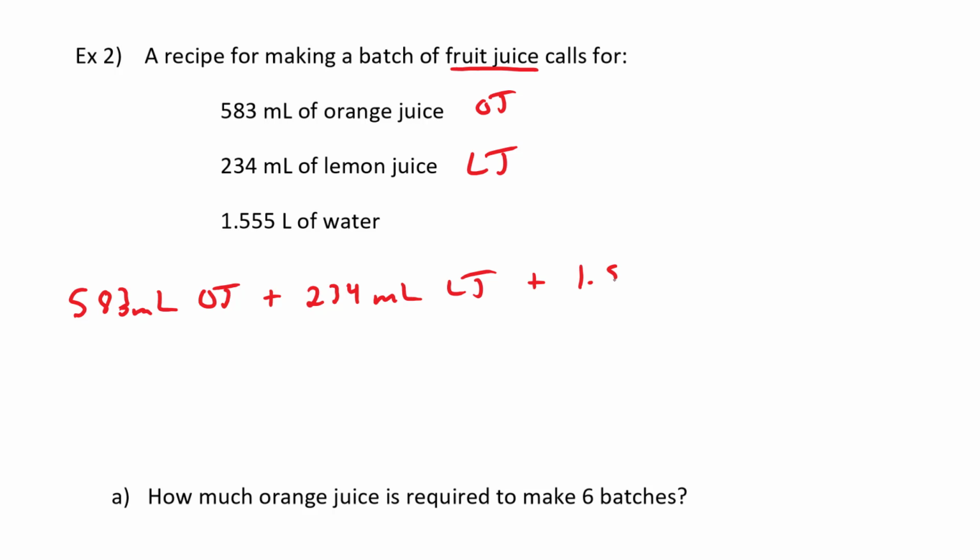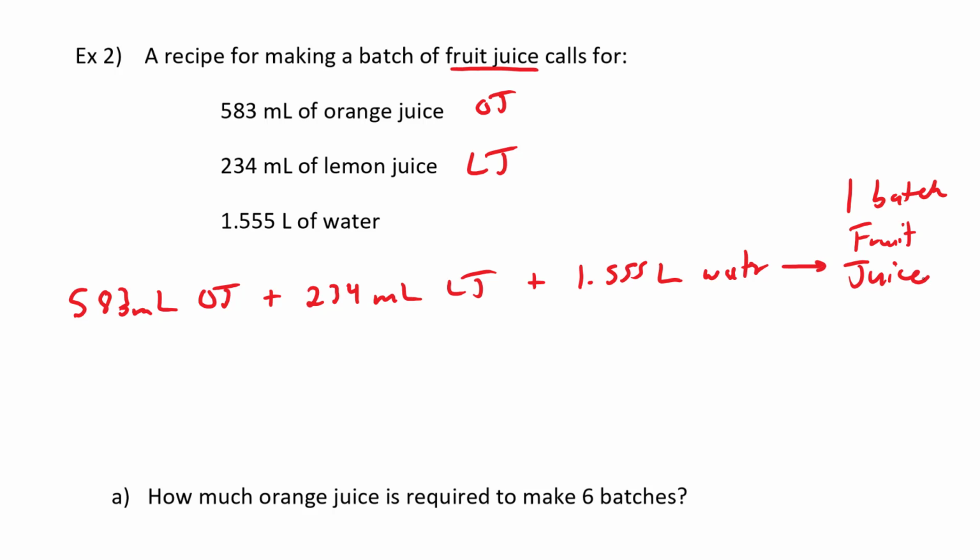Then we add to that some water. And in the end, we're going to produce 1 batch of my fruit juice. So here's the recipe. I mix orange juice, lemon juice, and water, and I make up my fruit juice.